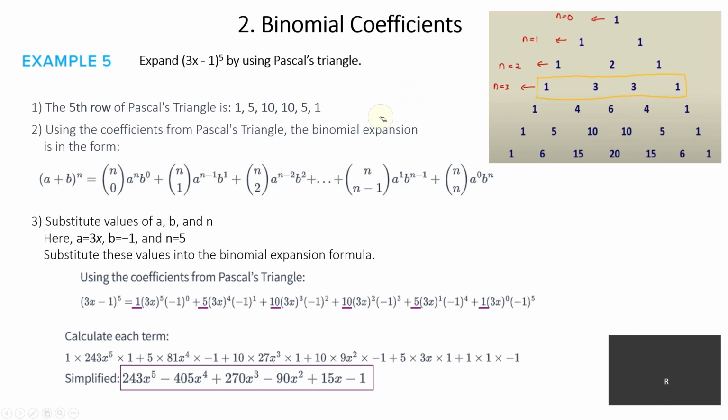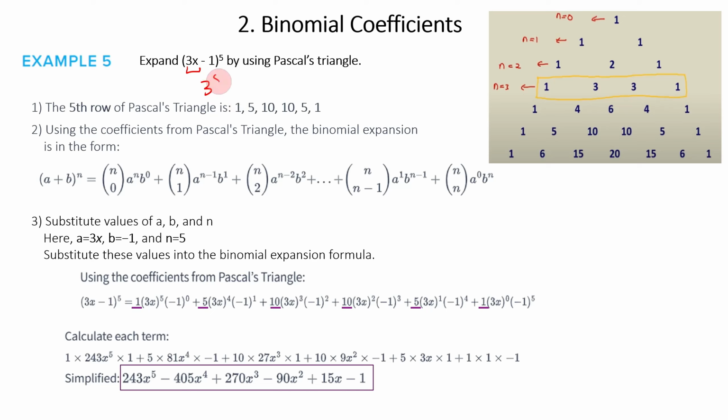Let me just erase everything. So if I use 3x for the first one, this is going to be 3 to the power of 5 times x to the power of 5, and then plus 5. I'm going to have again (3x) to the power of 4 times minus 1, because 3x is my a, minus 1 is my b.